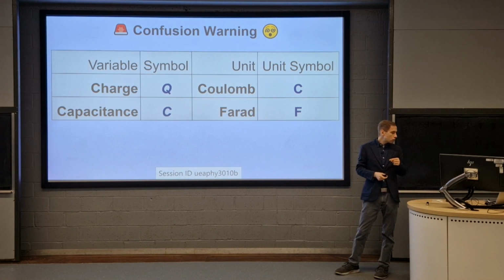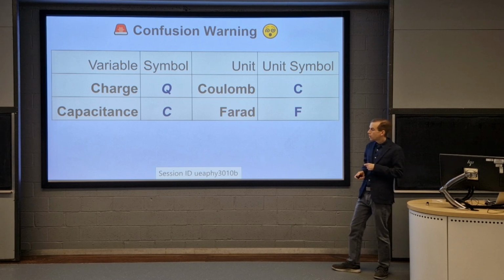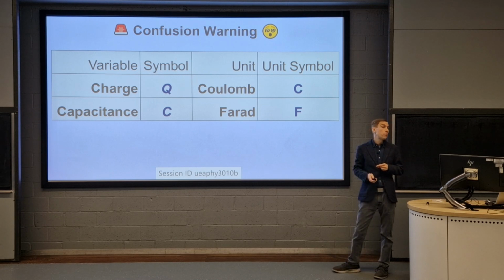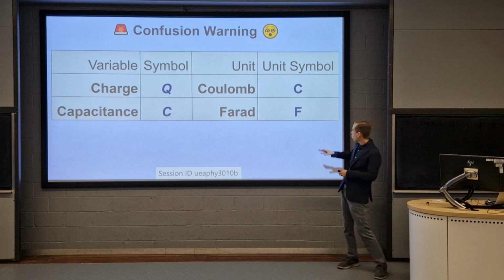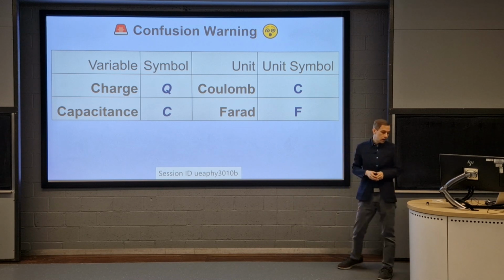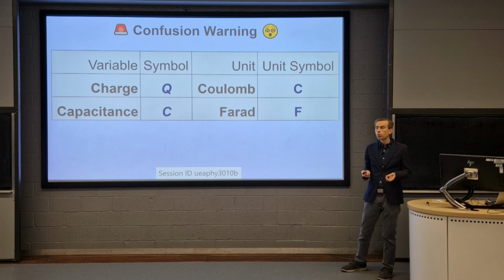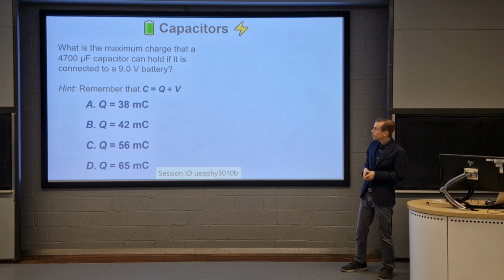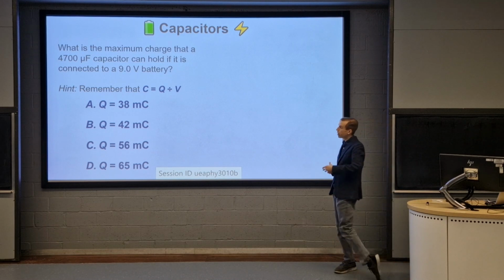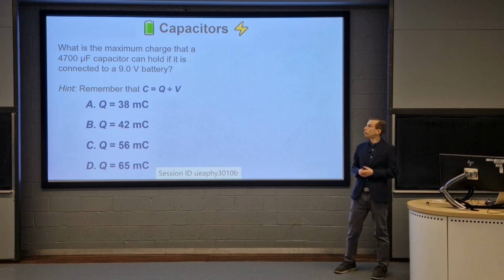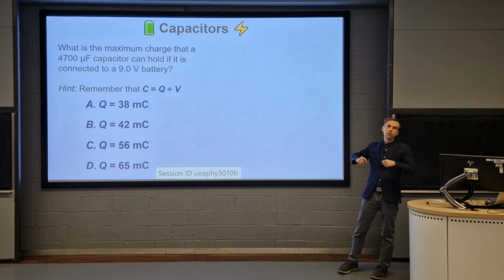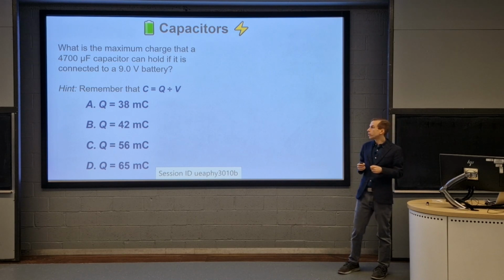So let's try one question as a numerical example, okay? Because it turns out 1 farad of capacitance is actually a really big capacitor, okay? We generally use smaller units here. So suppose we've got a smaller capacitor, 4,700 microfarads, and then we connect that to the 9-volt battery that we've been using all lecture, okay?